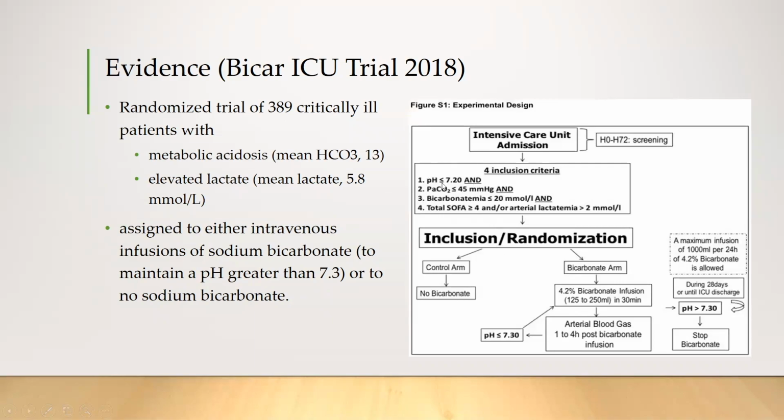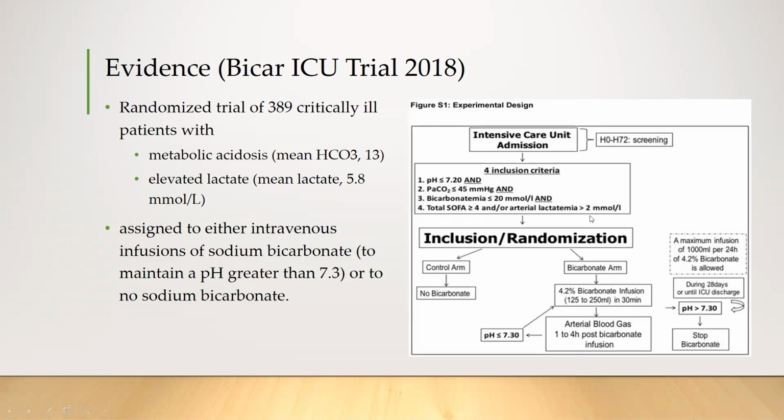The inclusion criteria were that the pH must be less than 7.2, the PCO2 must be less than 45, meaning there's no respiratory acidosis to confound it, a bicarb level less than 20, a SOFA score more than 4, and arterial lactate more than 2.